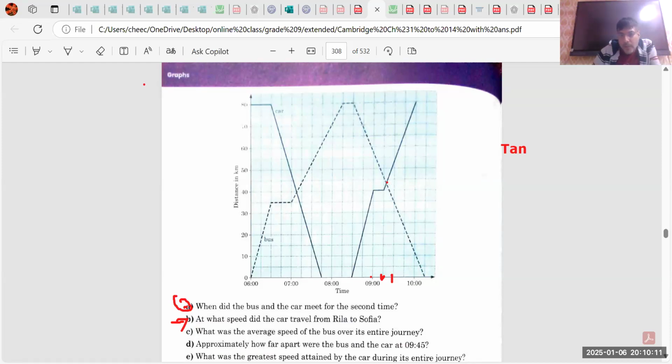Your next is also correct. Tanish, you can speak your next answer. Sir, 64.